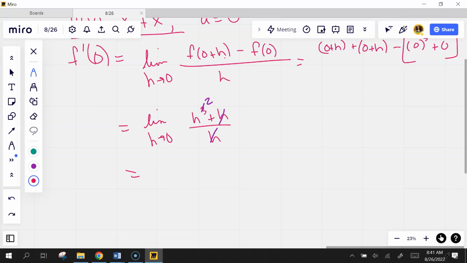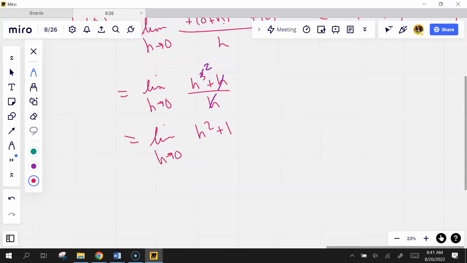Golly. So this is the limit as h goes to 0 of h squared plus 1, which is 1, not 0. When it cancels, it's 1h, not just h. So you got to hold that place there.